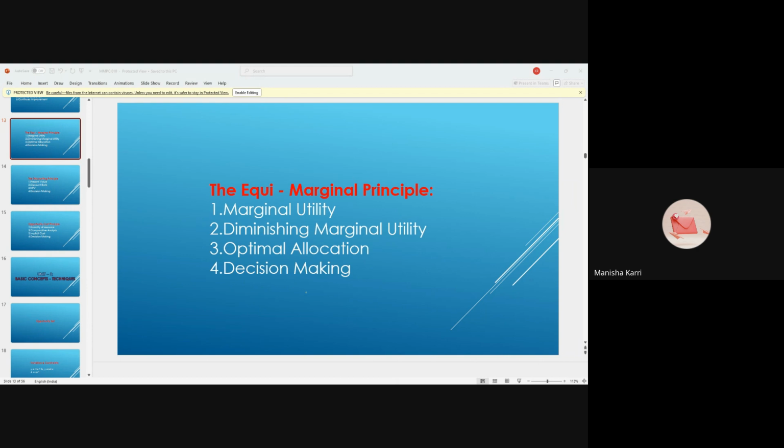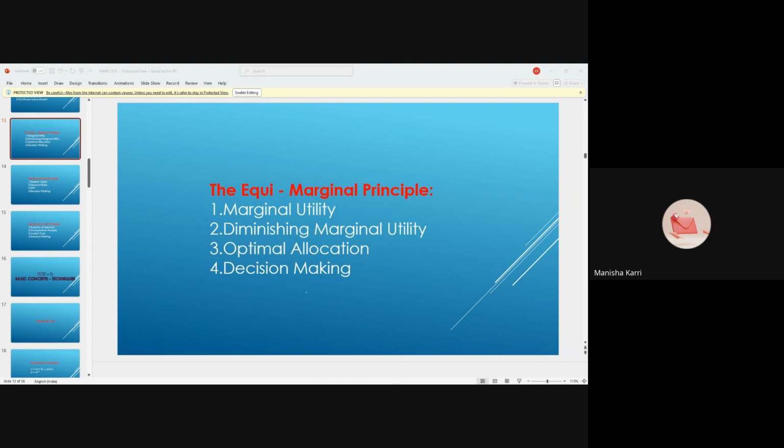Here, the equimarginal principle is used by consumers to make decisions about how to allocate their resources among different goods, and it helps them determine the optimum mix of goods and services that will maximize their overall satisfaction.